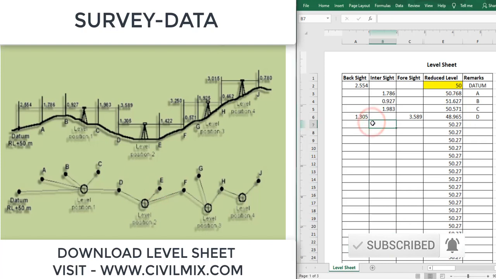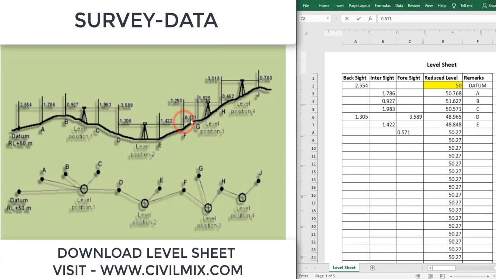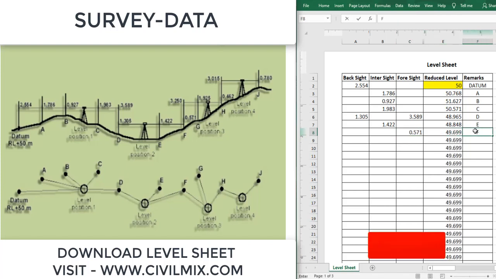So here I am going to enter the staff reading 1.422 as an intersight, and that is E. F is again a foresight, so the reading is 0.571. You can see the reading here, and that is F.